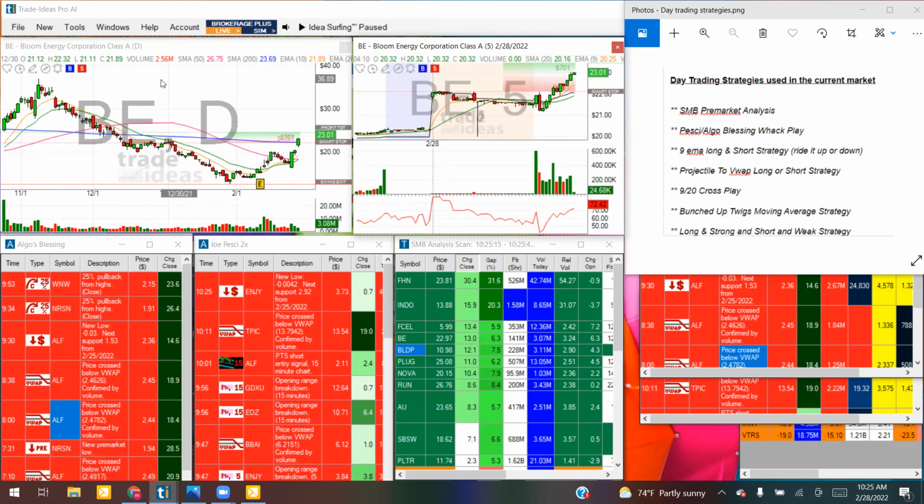All right. First of all, the 9 EMA scan is programmed, I believe, at 1.5 relative to the volume. So the 9 EMA scan itself will only trigger on those that are trading above average volume at 1.5. So to answer your question, if it's trending up, even if it's not appearing on the 9 EMA scan, it most likely is indeed trading above its daily average volume.